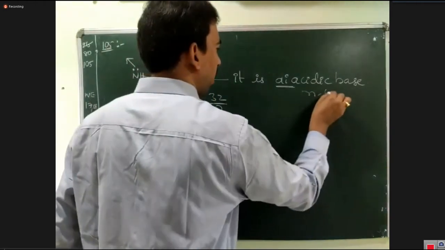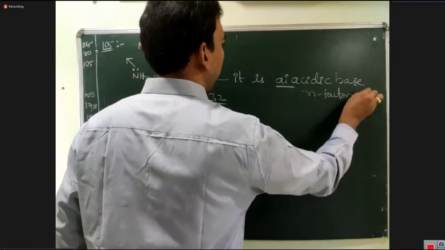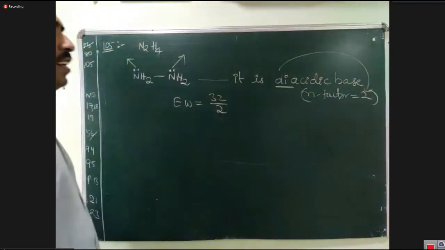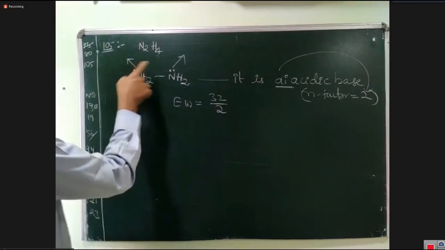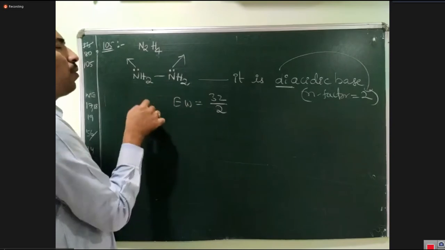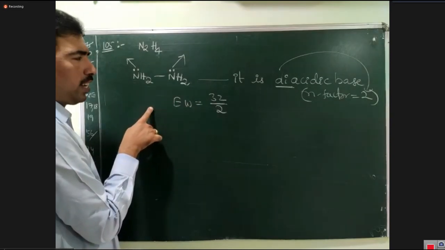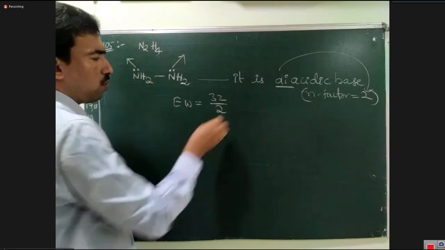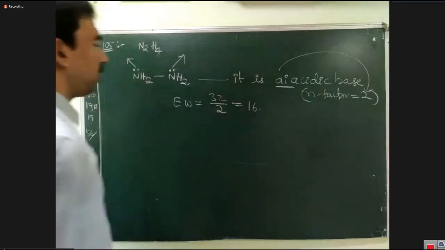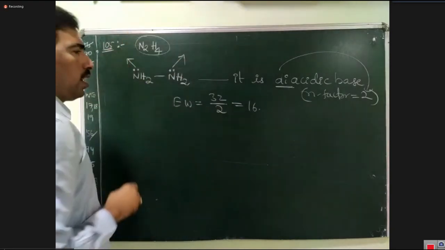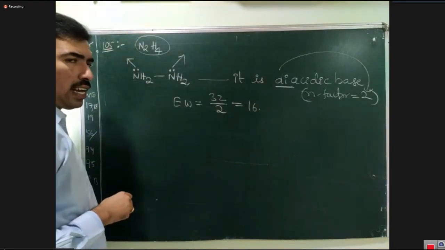The n factor is 2 because it is a diacidic base; it can donate 2 lone pairs of electrons. The number of electron pairs that can be donated by a molecule is called its basicity. So it's a Lewis base. The equivalent weight is now 16. Don't consider the formation of N2H4, because if it were the case, he would clearly mention it.